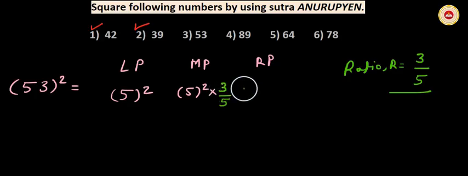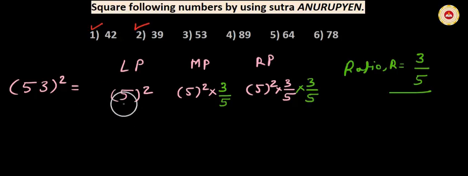You can say anything you like. Now, what is the right part? Right part is the value of middle part multiplied by ratio R. What is the middle part? 5 square multiplied by 3 upon 5. This is the value of middle part multiplied by ratio 3 by 5.